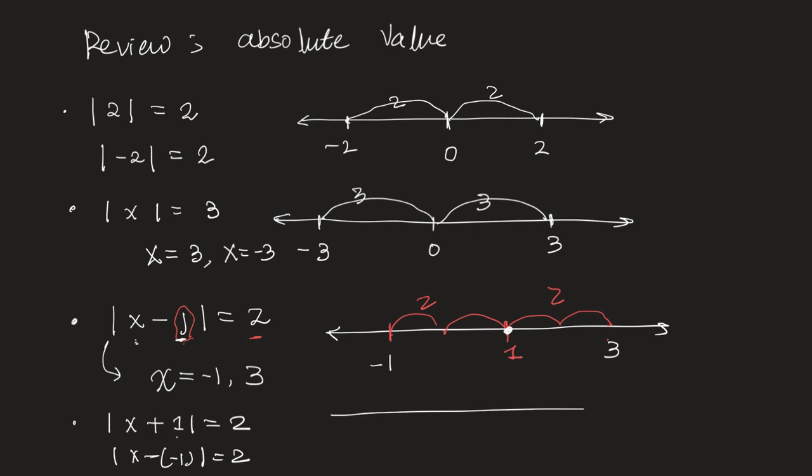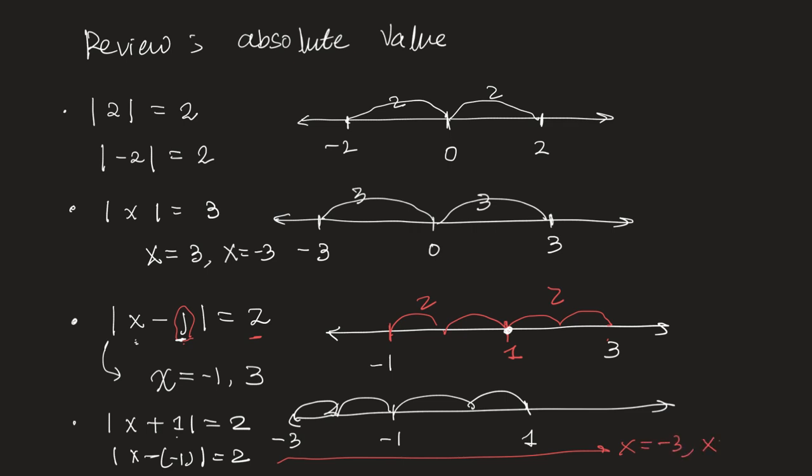The distance from the center is 2. Go to the right 2: -1 and 2, that's going to be 1. Left 2: -1 minus 2, that's going to be -3. So in this case, the x values are -3 and 1. Guys understand absolute value meaning?